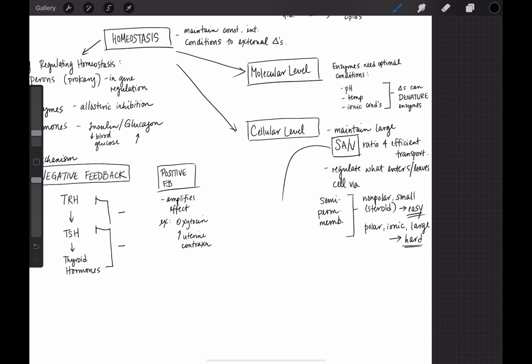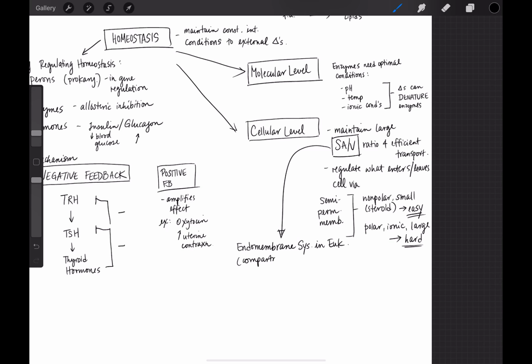Okay, so surface area to volume ratio again needs to be large, and then we have the evolution of these larger eukaryotic cells. Just keep in mind the reason we can have these larger cells is because you now have these tinier cells or organelles that have membranes surrounding them.